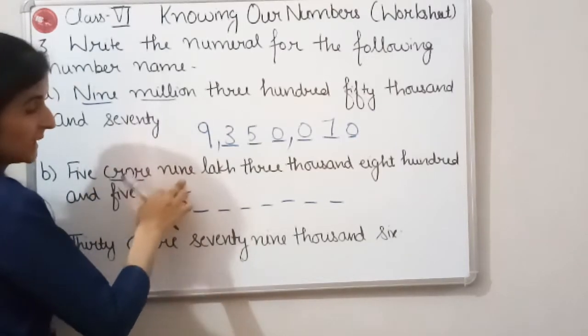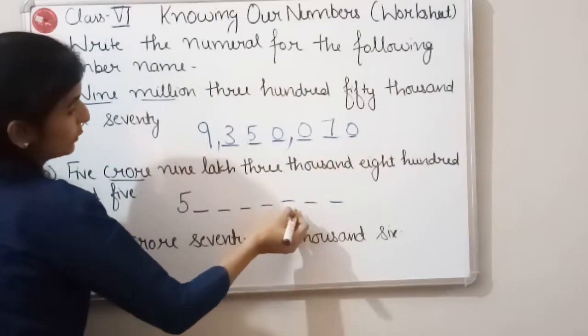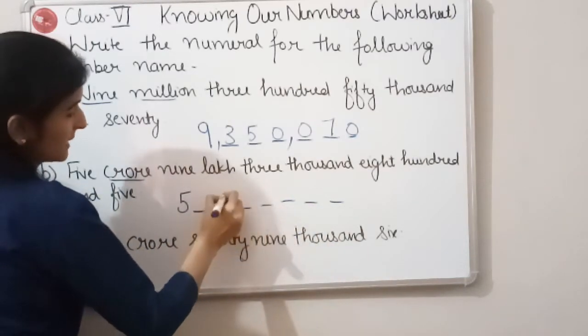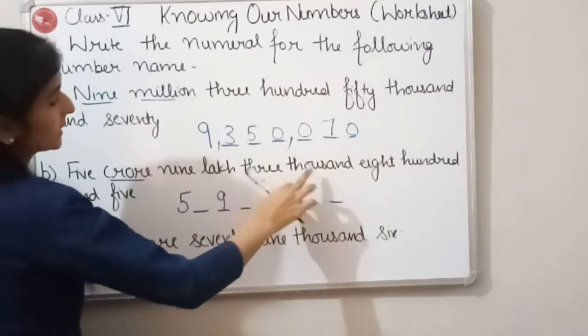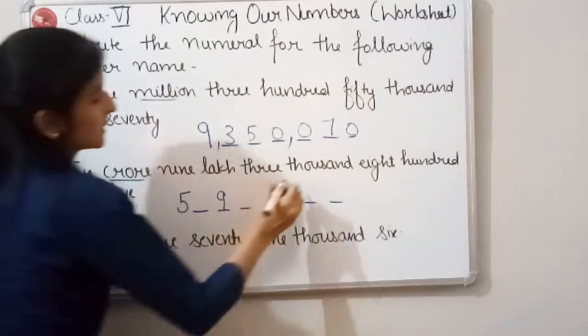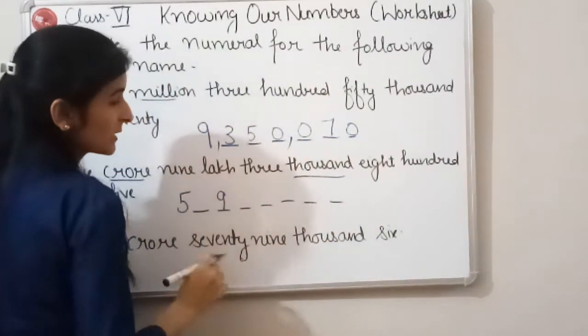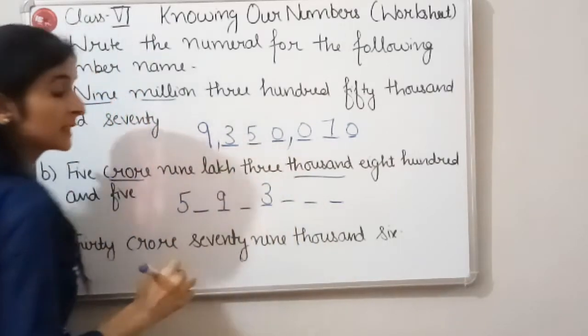So after 9 there will be 5 more digits: 1, 2, 3, 4, 5. So I am going to write 9 here. Then 3,000. It means after 3 there will be 3 more digits: 1, 2, 3. So here I am going to write 3.